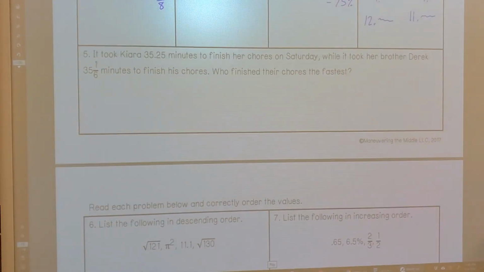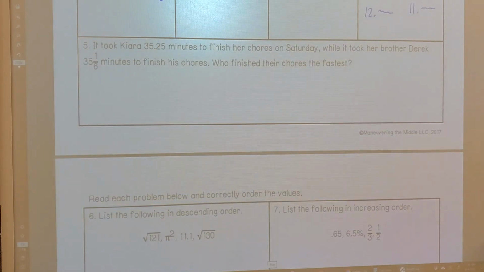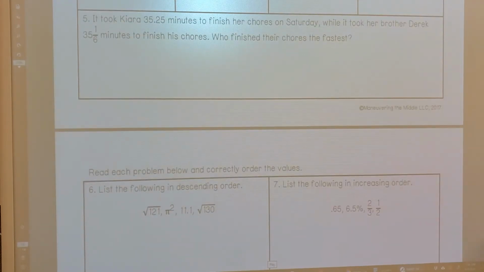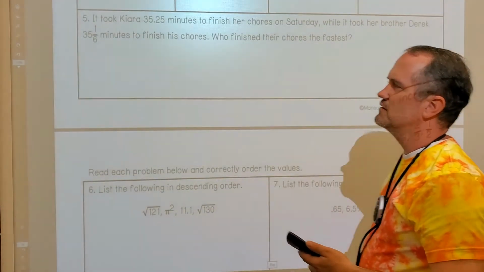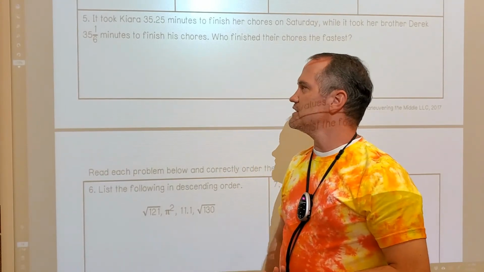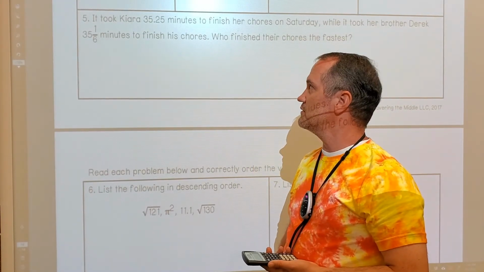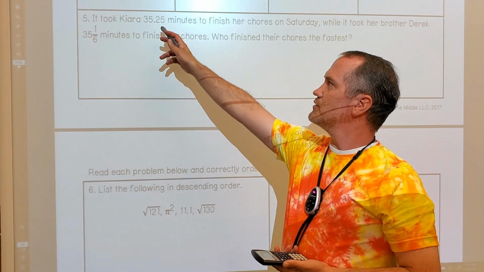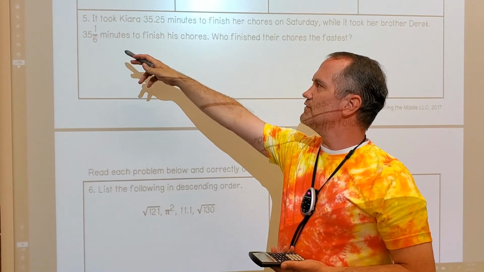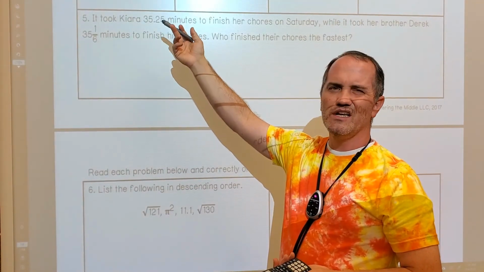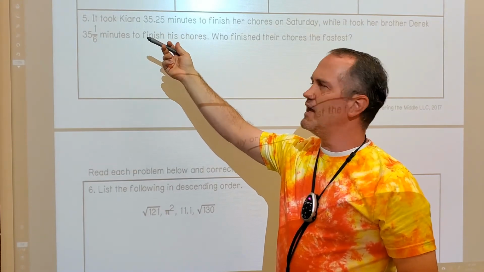It took Kiara 35.25 minutes to finish her chores. It took her brother Derek 35 1/6 minutes to finish his chores. Who finished their chores the fastest? So they both took 35 minutes. I'm just happy they did their chores, really. So that's 35 1/4. That's 35 1/6. Still doesn't help. I'd have to get a common denominator. I can do that if I want.